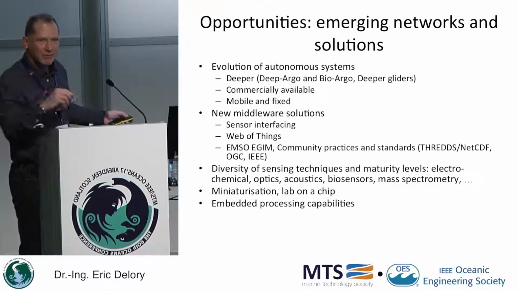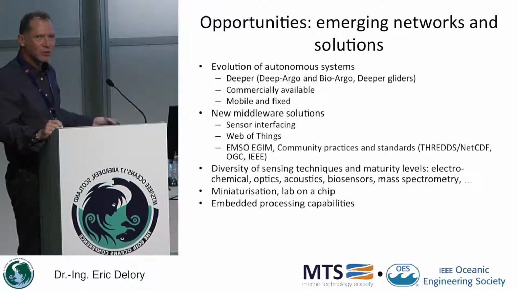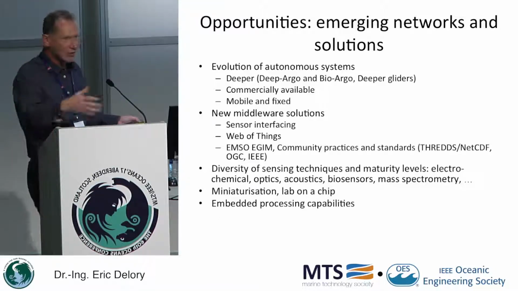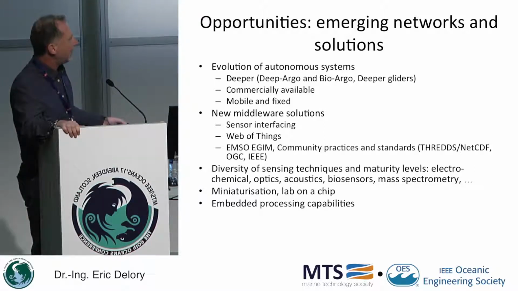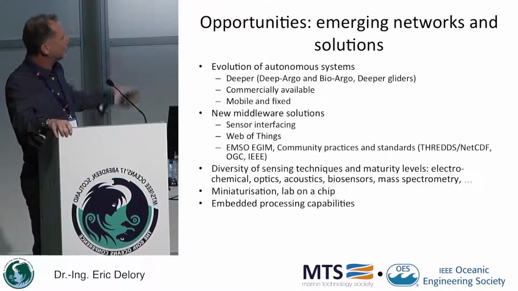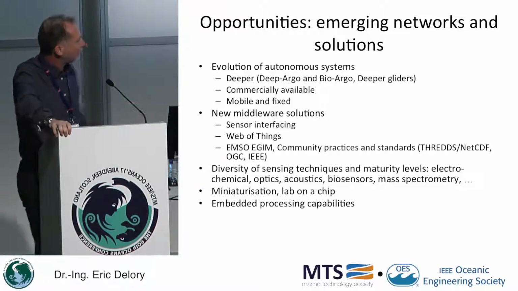There are mobile and fixed stations. There are new middleware solutions linking to the Internet of Things mentioned before on the interfacing, the Web of Things technologies. Community practice and standards are also emerging from the GEO initiatives like the Blue Planet.